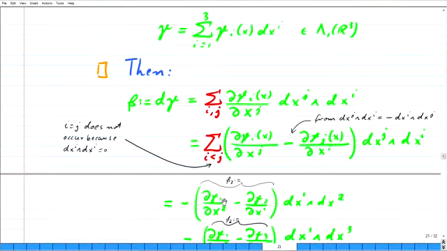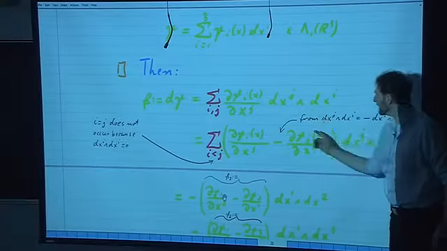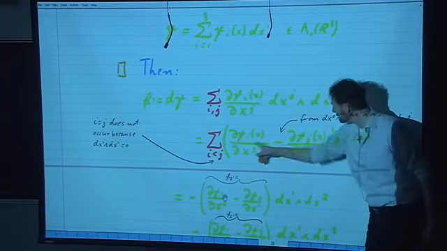Then we have these terms as well with a minus sign. You see, if we order them ji and ij, then they differ by a minus sign, so we get these terms here.